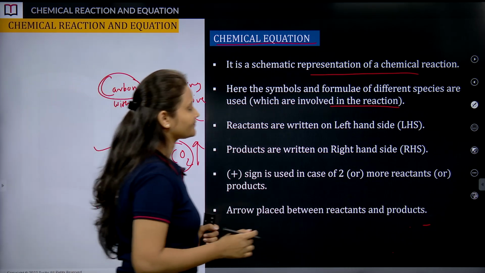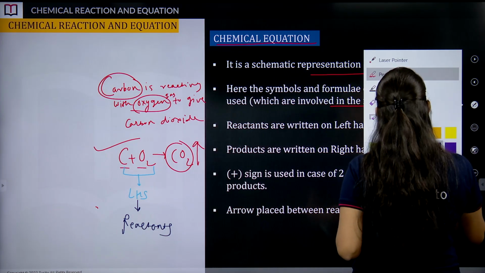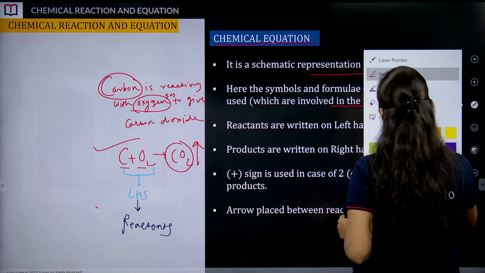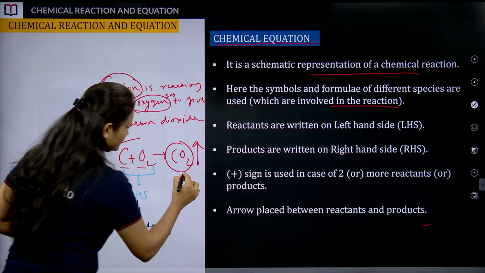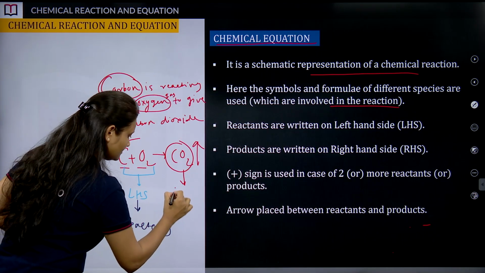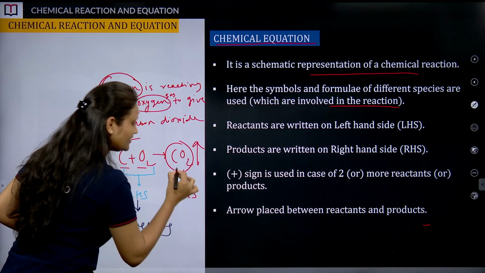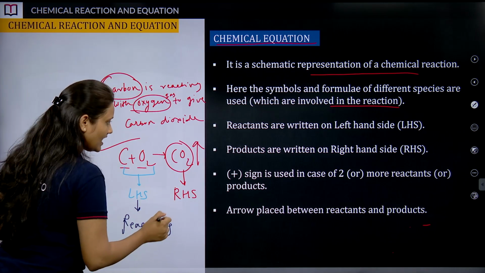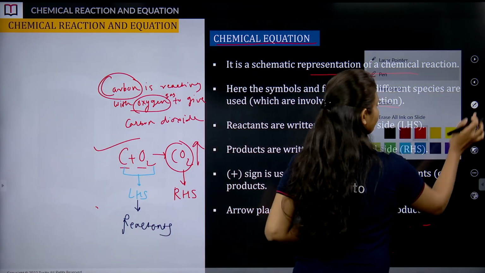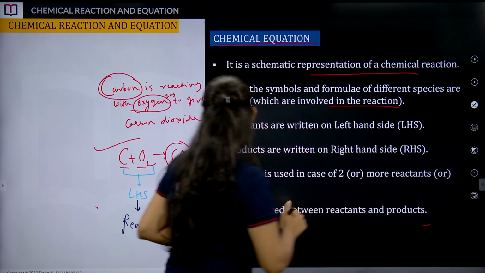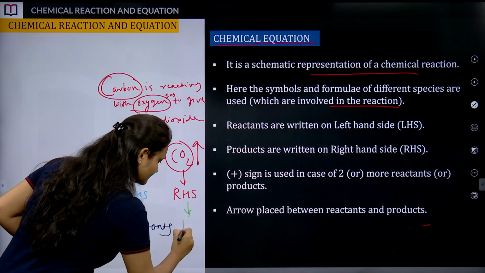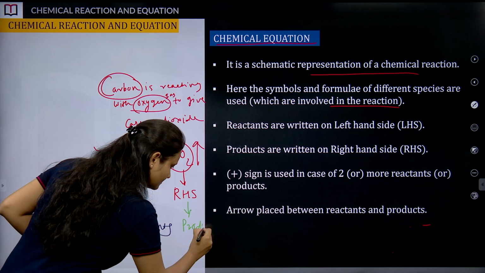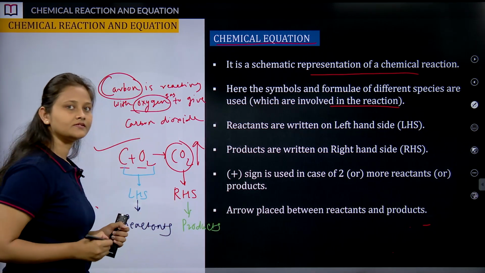Moving ahead. The other side is the right hand side of the reaction, and these are nothing but products.